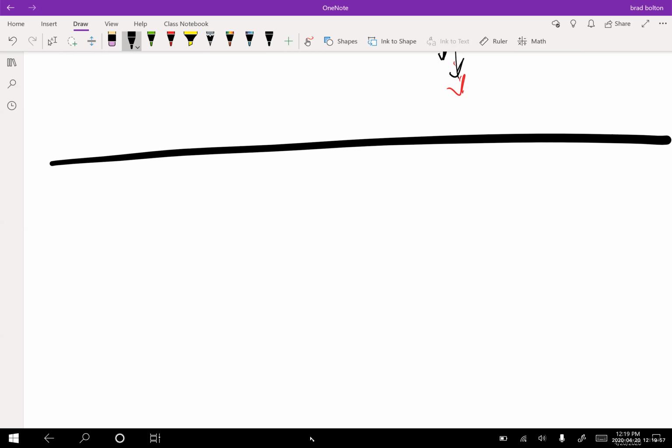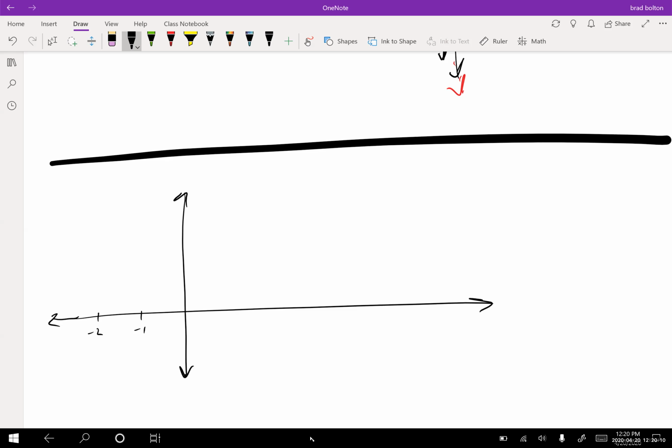Okay, so let's say that I have this graph. And let's say here's -1, here's 2. And let's say we go like this. 1. Then we're going to come back down here. Let me label this for you guys.